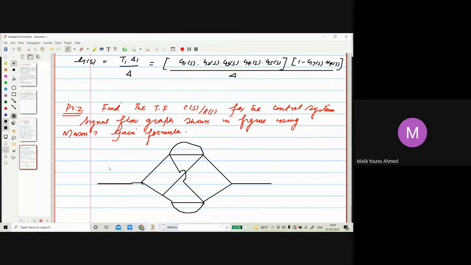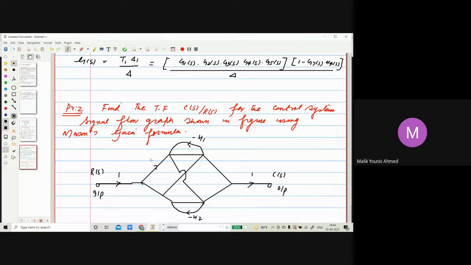So jump connection here. So this is an input node. This is one here, R of S, and he has given it as input. This is one here, C of S as an output, minus H1 he has given, minus H2. Okay, this is one here also.